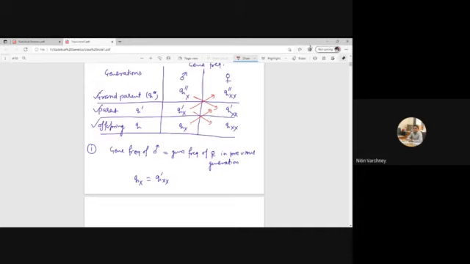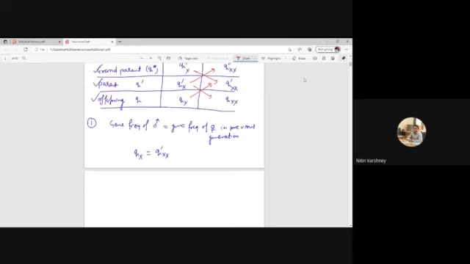So I can say that the gene frequency of male is the gene frequency of female in the previous generation. Similarly, I can write Q prime X is equal to Q double prime XX. Like this is determined by female of the previous generation.